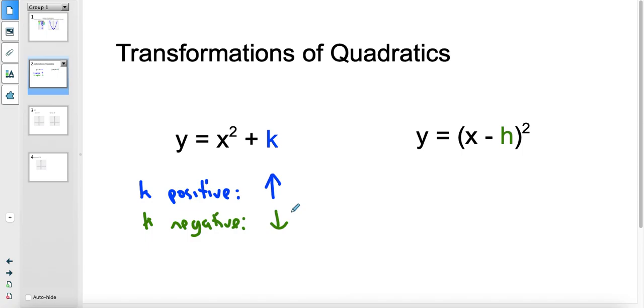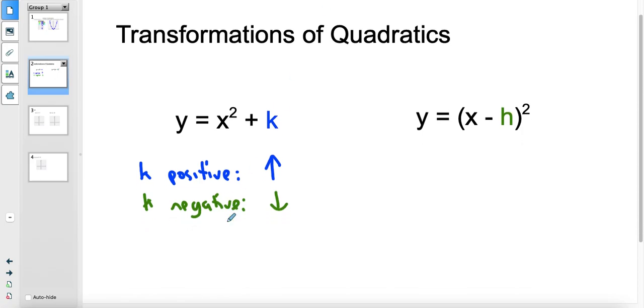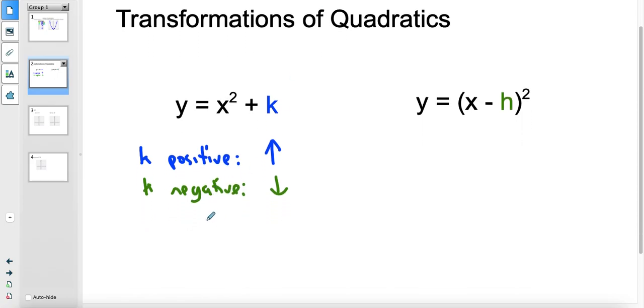And let's take a look at a couple examples just to make sure that that makes sense. Say we had something like this: y is equal to x squared plus 5. Now you'll see, my k value is positive 5.